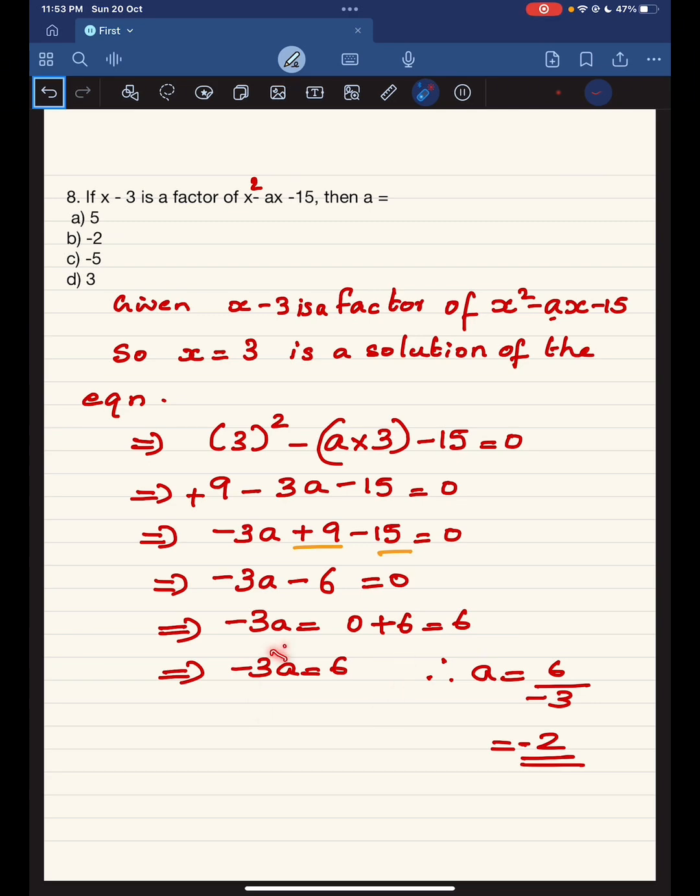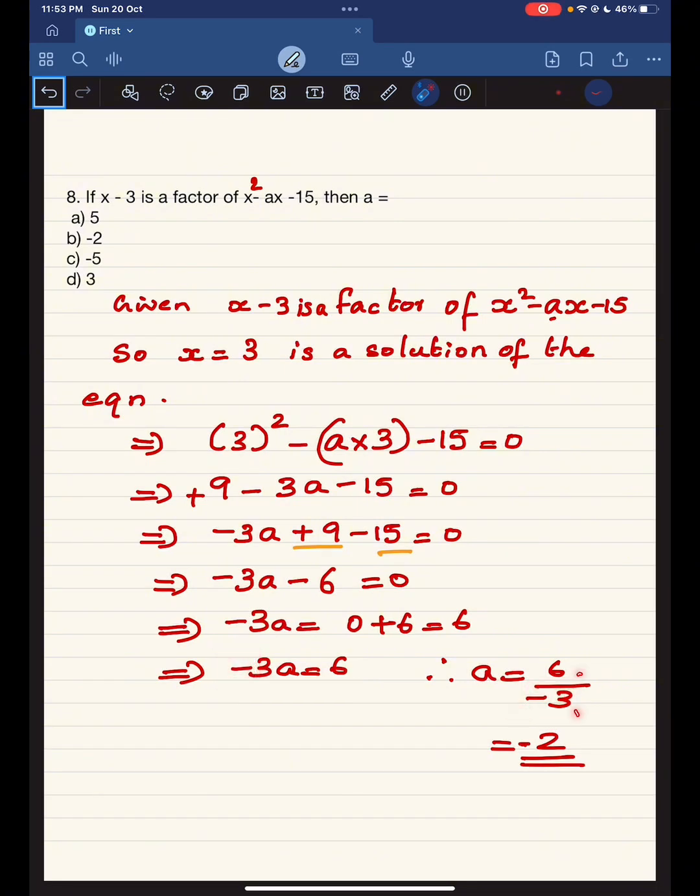So here negative 3 into a. While we transpose this 3, it becomes division, because its operation is multiplication. So here a is equal to 6 divided by 3, and here 3 has a sign also, the negative sign.